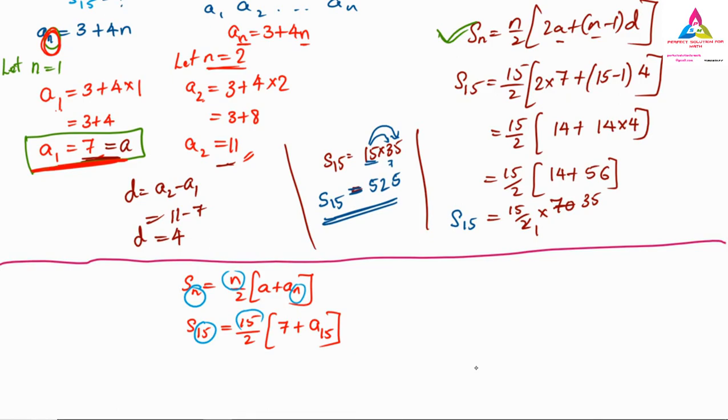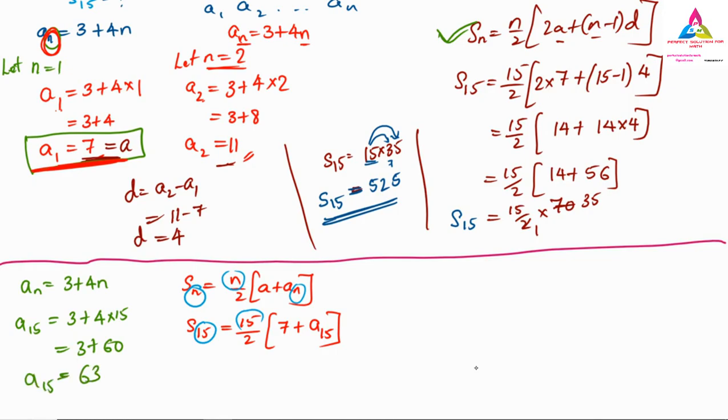A15 can be found by the an formula. They have given the equation as 3 plus 4n. So in place of n, what do I write? 15. 3 as it is, 4 as it is, but the n value is 15. So 3 plus 15 fours, which is 60. So the a15 value is 63. So this is also possible.